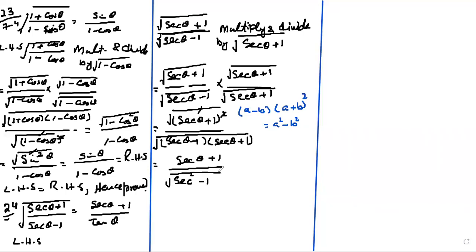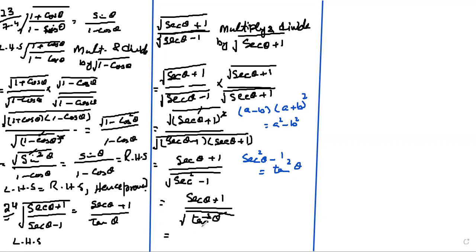And we use the formula secant square theta minus 1 equals to tangent square theta. Right? So this one equals to secant theta plus 1 divided by tangent square theta, root and its root. Okay. Root and square got cancelled.